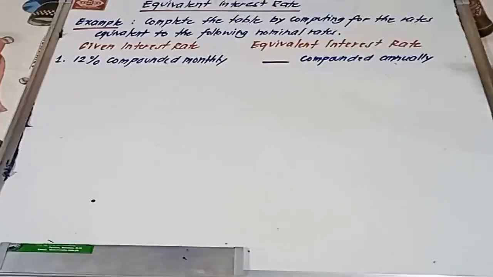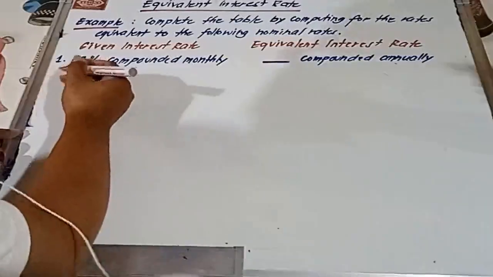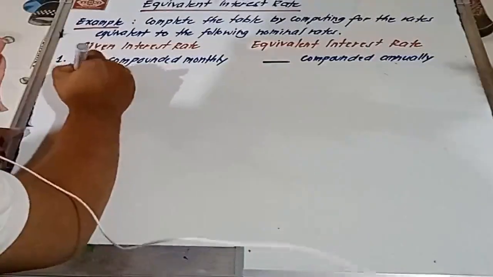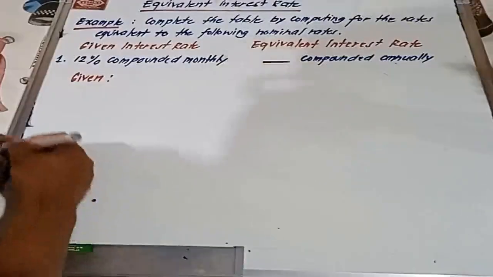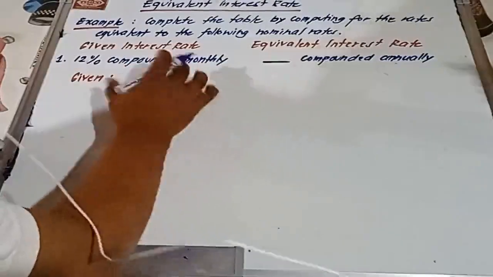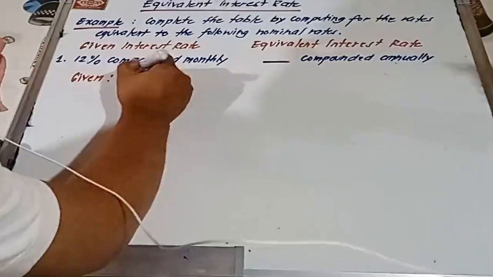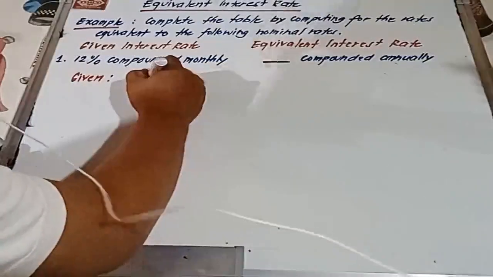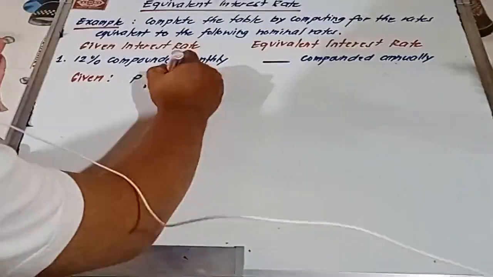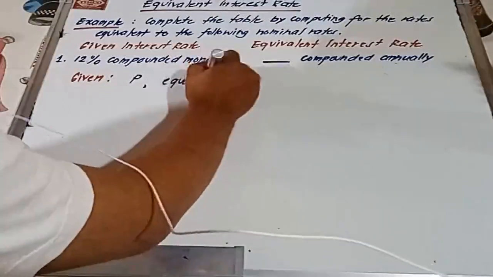So, to solve this kind of problem, kailangan muna natin i-write down yung given natin. So, ang given natin dito, equal yung kanyang present value, yung P. Okay? And equal din yung kanyang T, yung time.